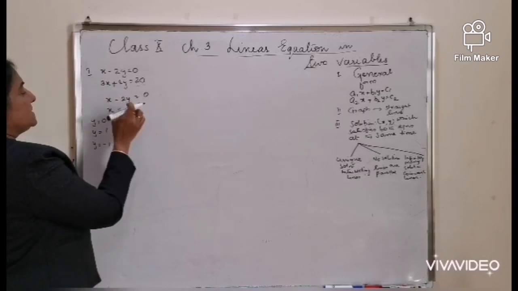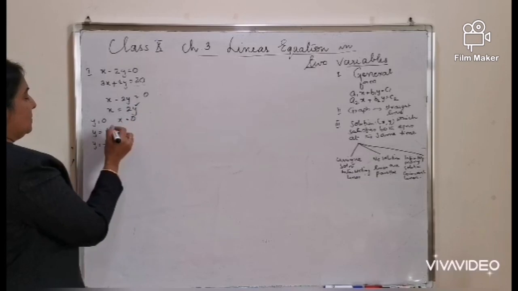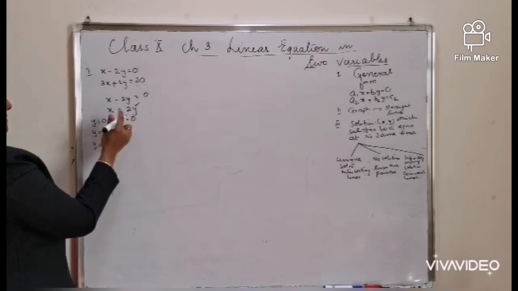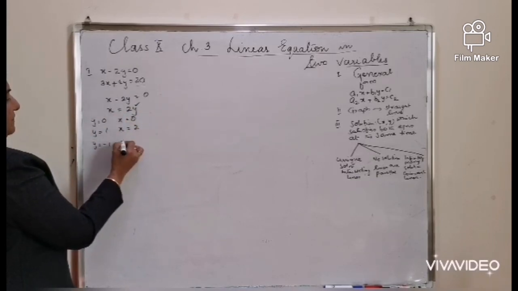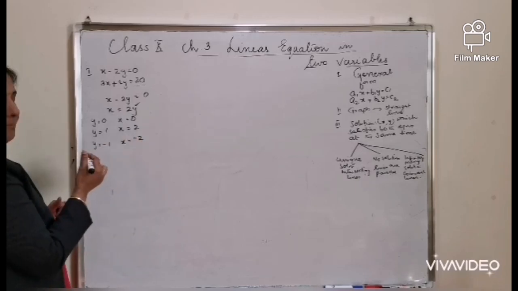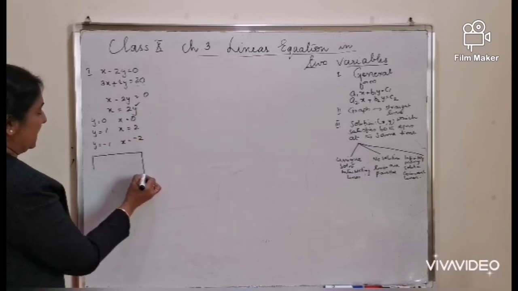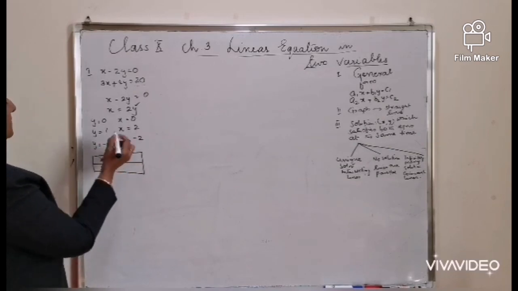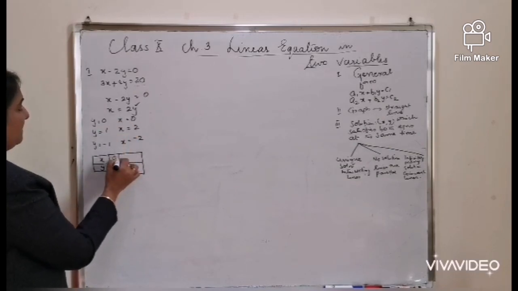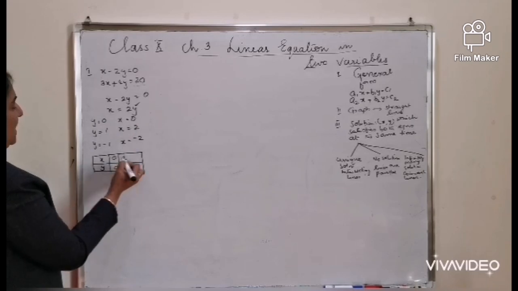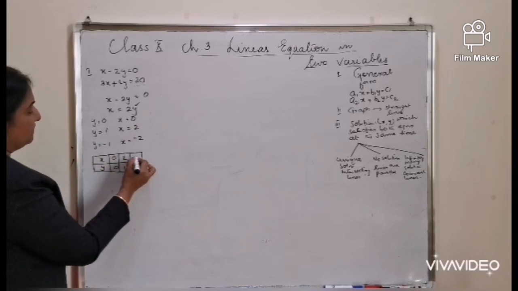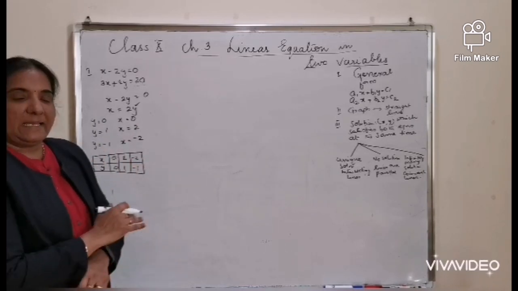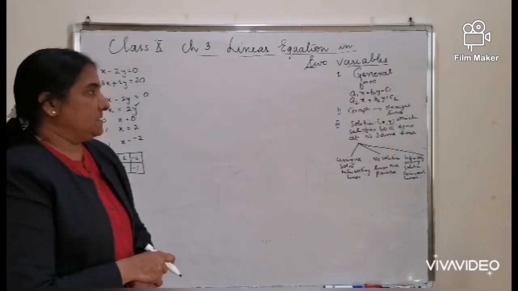The x value is 2 into 0, which is 0; x is equal to 2, and x is equal to minus 2. The tabular form: x and y are (0, 0), (2, 1), (minus 2, minus 1). The calculation is simple in this case.